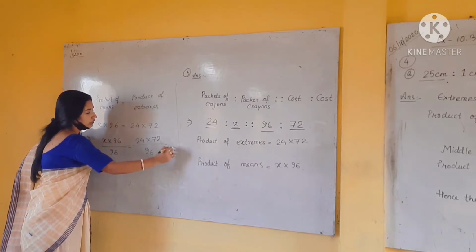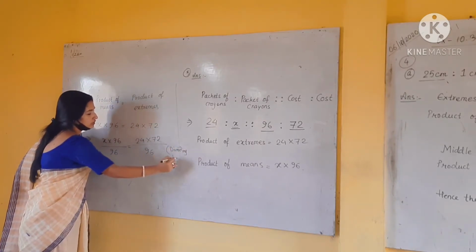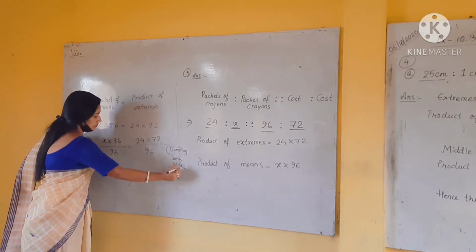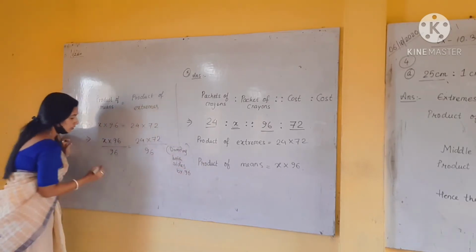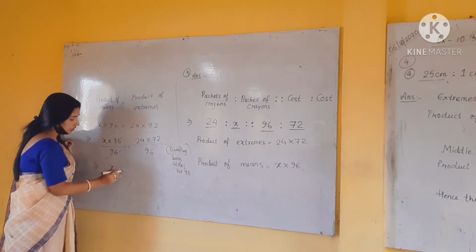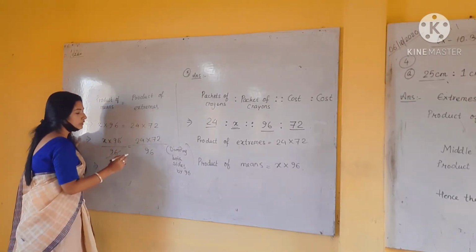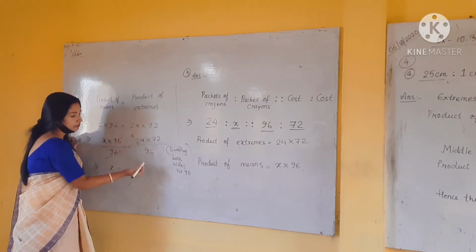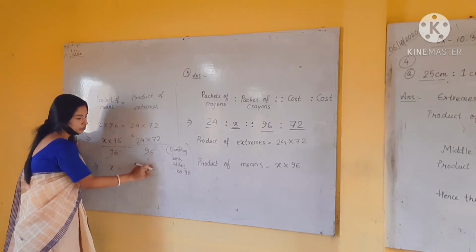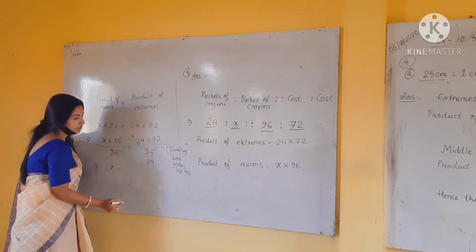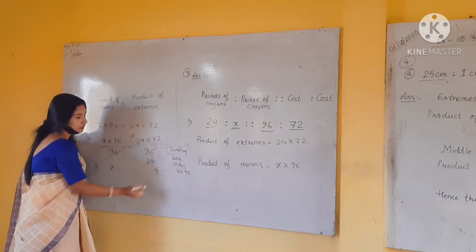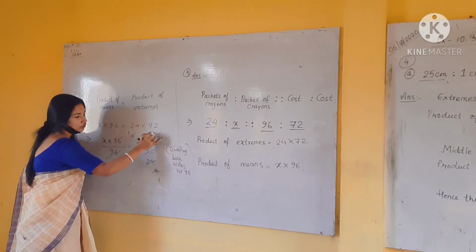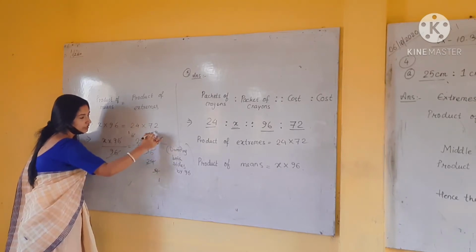So you have to write, dividing both sides by 96. So 96 will get cancelled out. X is equal to, you can cancel this using the table of 4. 4 1s are 4, 4 2s are 8, 4 4s are 16, then 6 4s are 24. Then 6 1s are 6, then 4 1s are 4, 4 8s are 32.